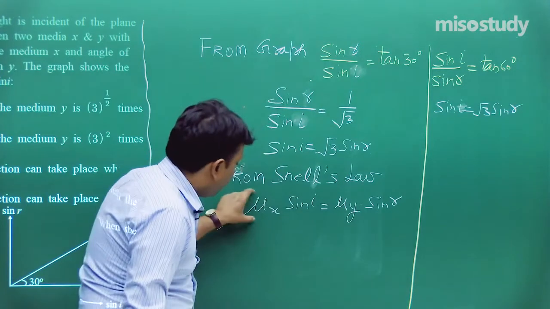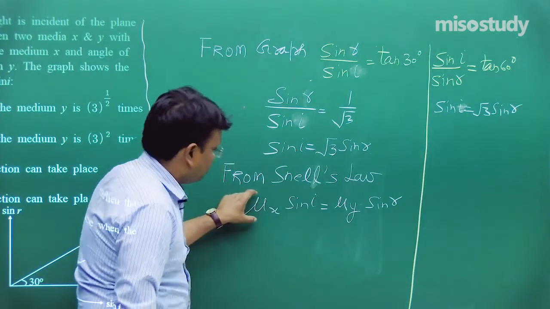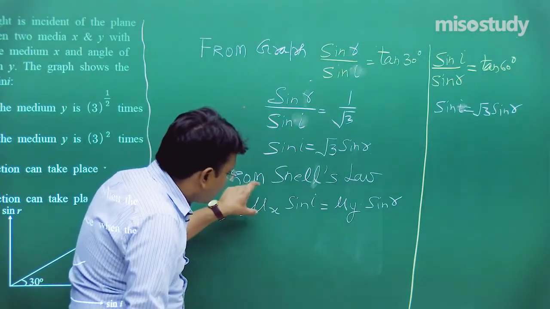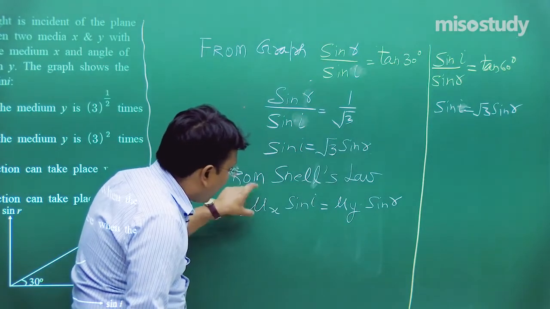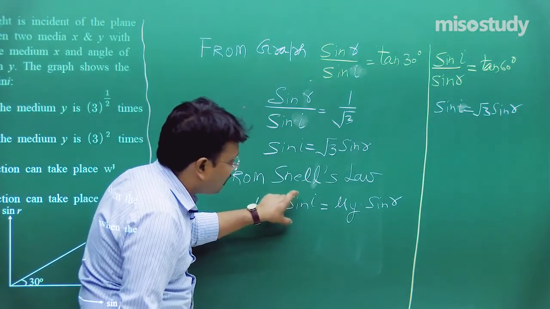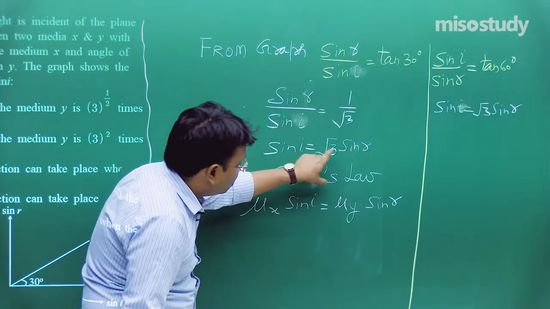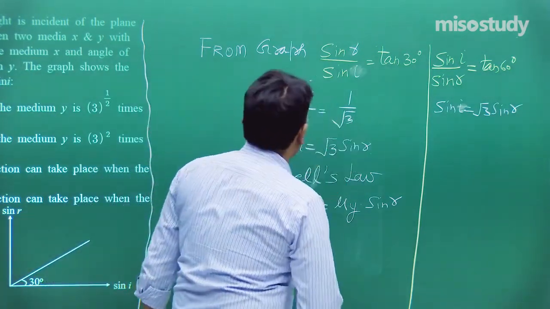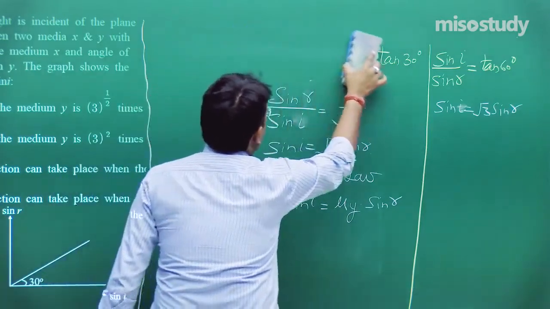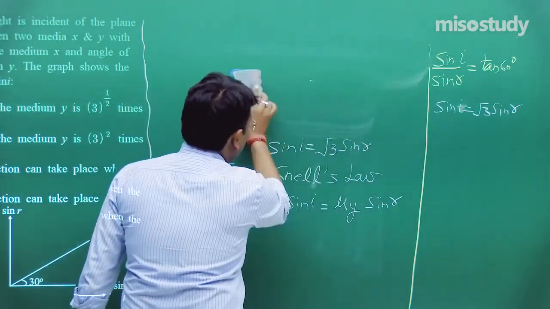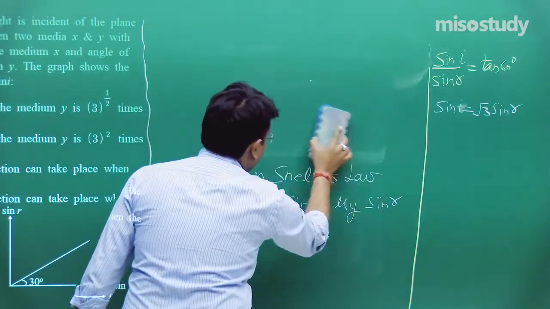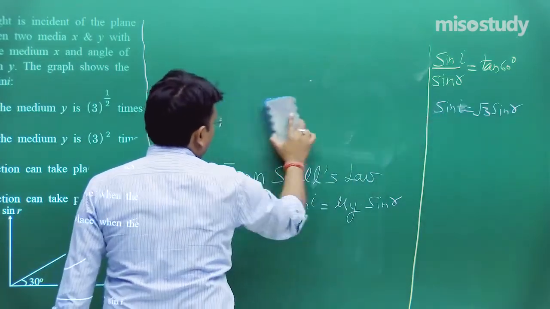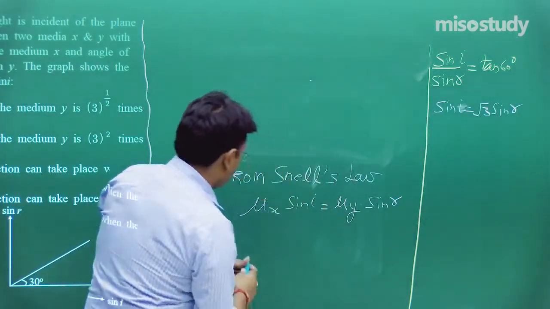So in place of mu x, I can write c upon vx, and in place of sin I, I can write root 3 sin r. Please allow me to use this space, so the sequence remains the same.